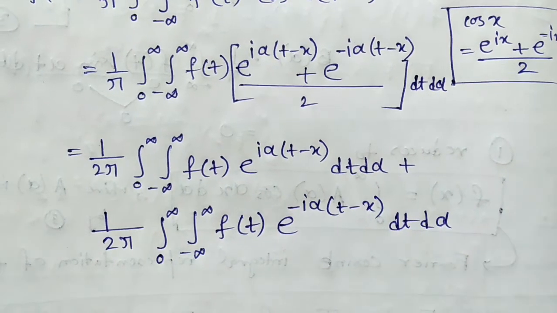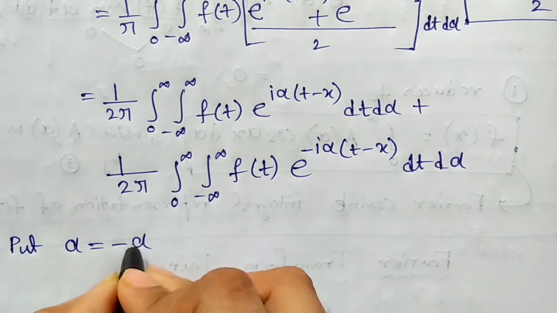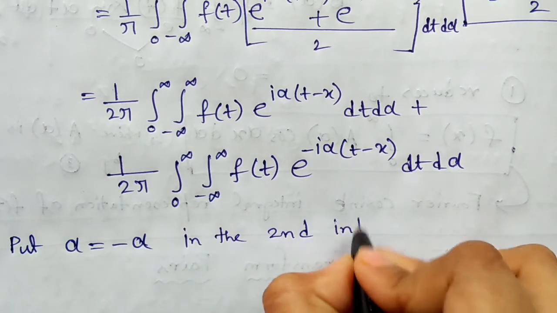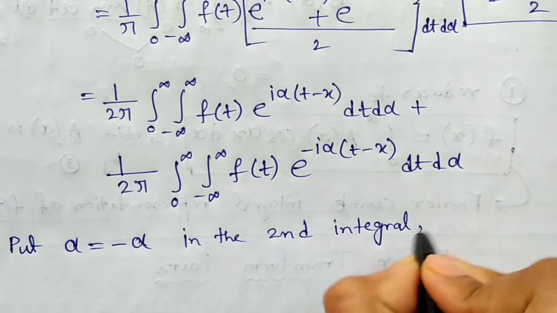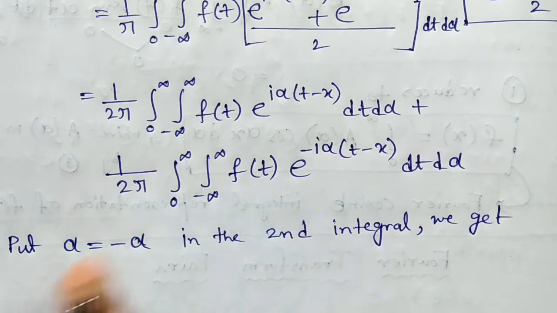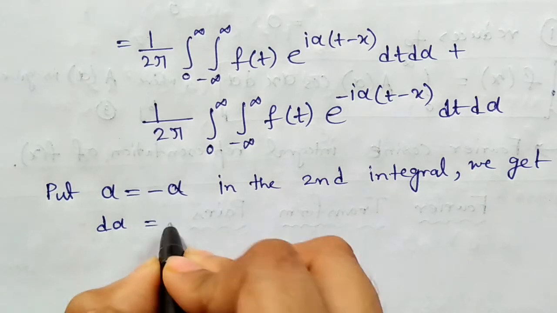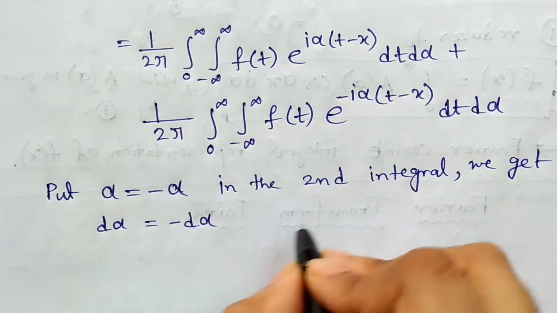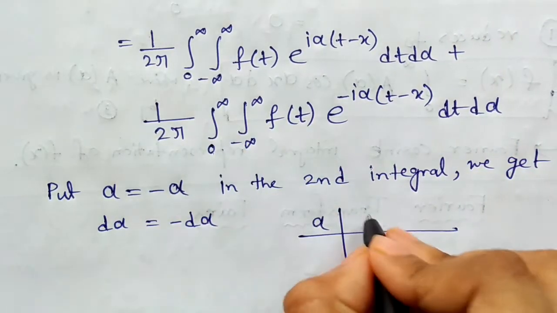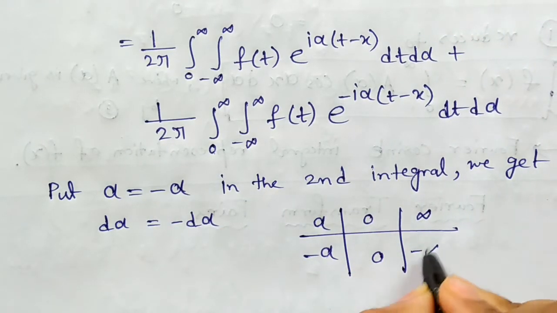Now put alpha equal to minus alpha in the second integral. What is the change? In d alpha it will be minus d alpha, and the range of integration, where alpha is from 0 to infinity, for minus alpha will be from 0 to minus infinity.